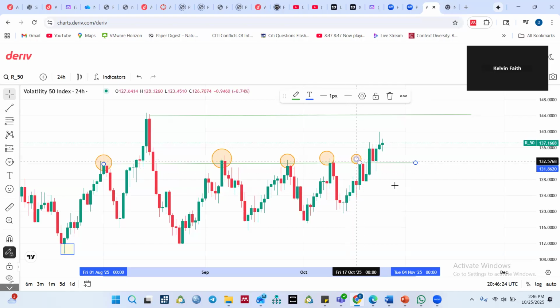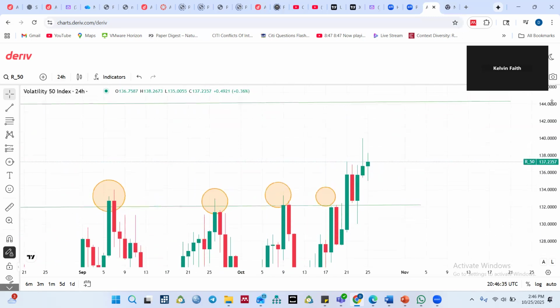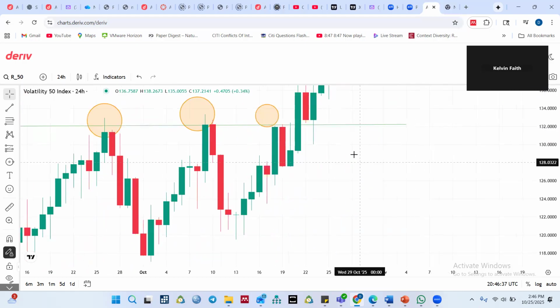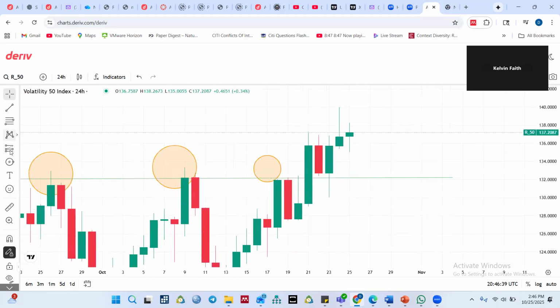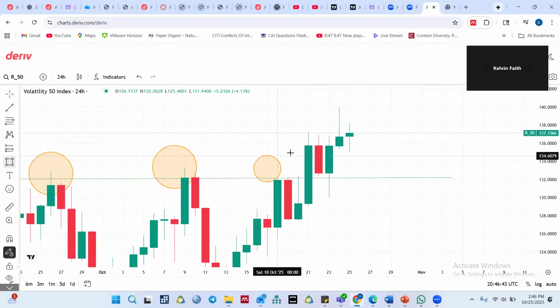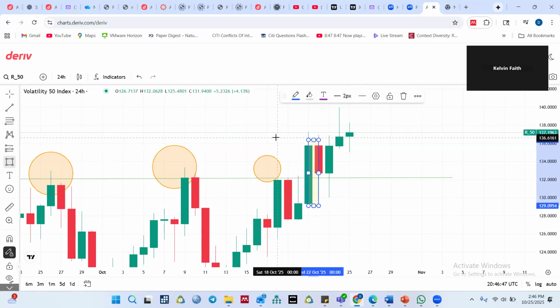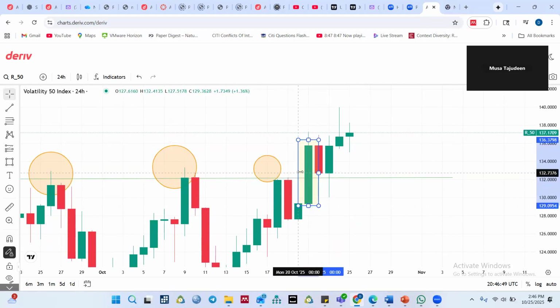Okay. So, and that's exactly what has happened. Okay. So if you zoom here very well, you will see that per this candle, you see this bullish candle that closed above the sellers.